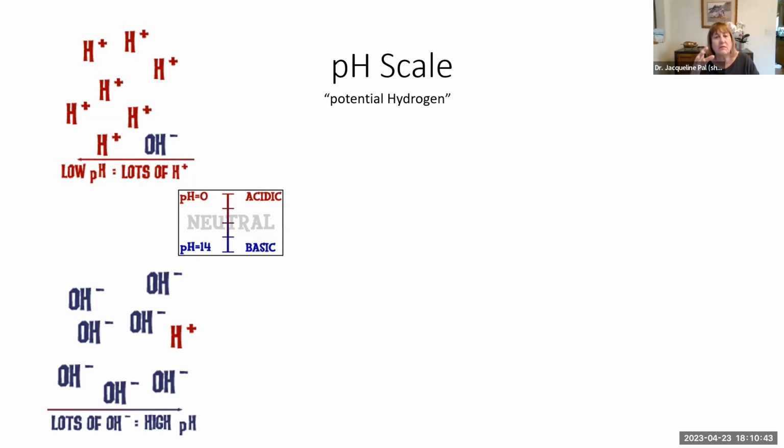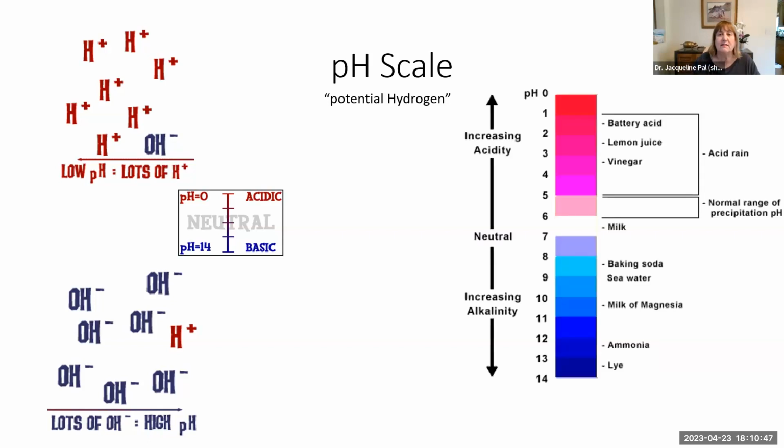Substances with pHs lower than 7 are considered acids. So vinegar, lemon juice, battery acid, your gastric pH: those things have really low pHs, which means they have really high hydrogen ion concentrations.